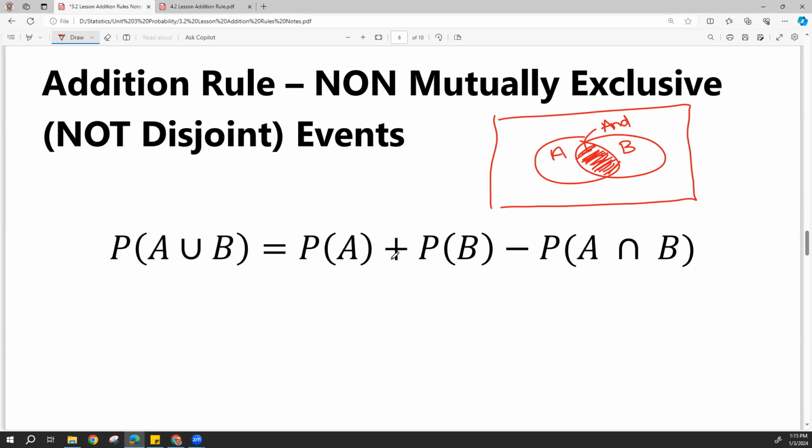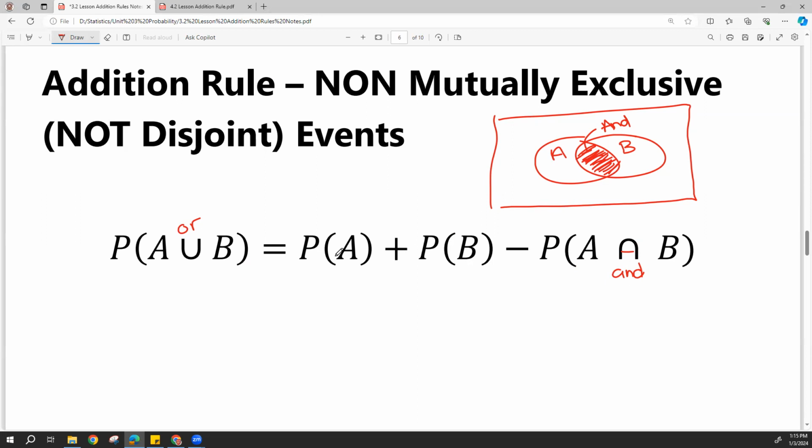So if we want to calculate the probability of event A or event B, so that's still or, this symbol over here means and. You can turn that into a letter A. That's how I remember it. We still add the probability of event A and event B together, but because there's some overlap, we're sort of counting something twice.